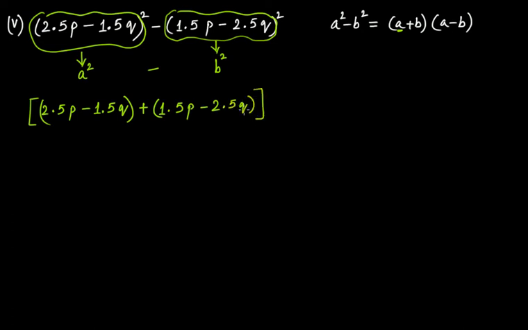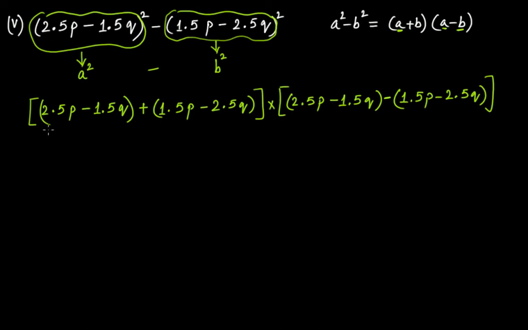This is a plus b multiplied by, at the place of a write 2.5p minus 1.5q, then you have minus, at b put 1.5p minus 2.5q, and this is closed.